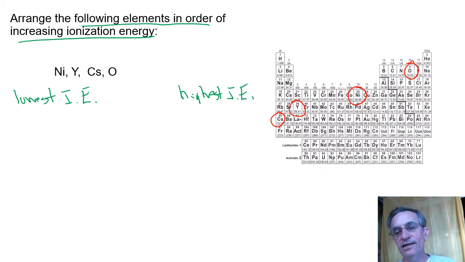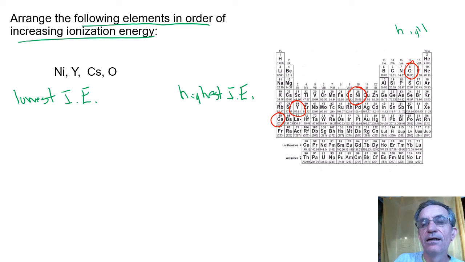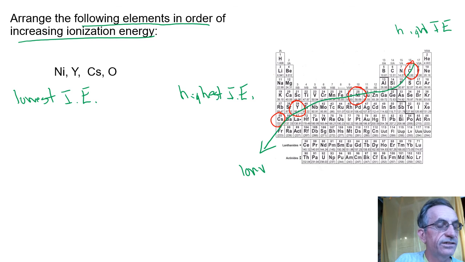All right, so yeah, there's a pattern there, right? Let's see, what was that pattern? The pattern was, well, the guys in the top corner have the highest ionization energy. And as we go over and down, you're going to get lower ionization energy.